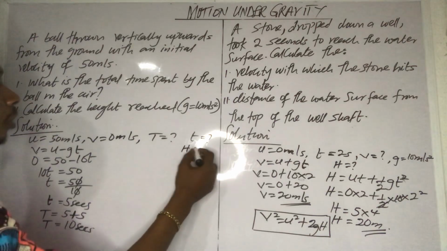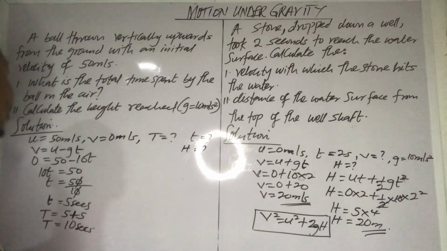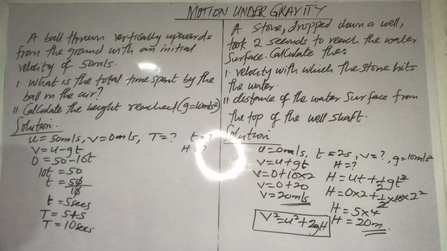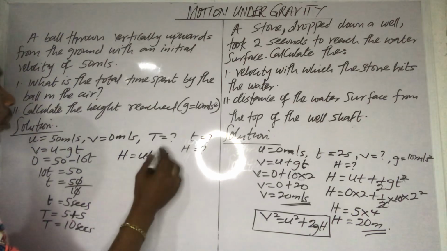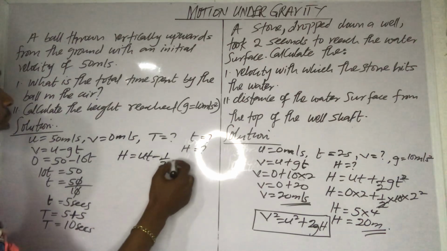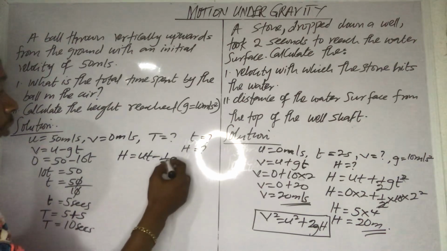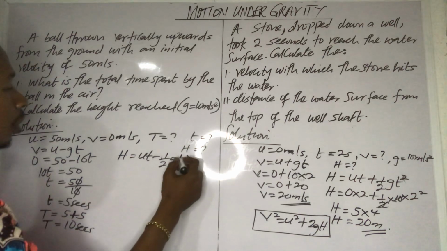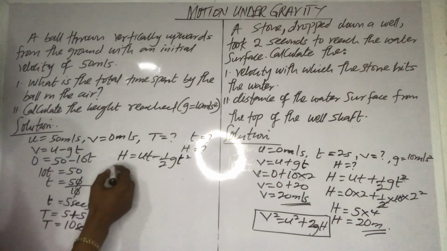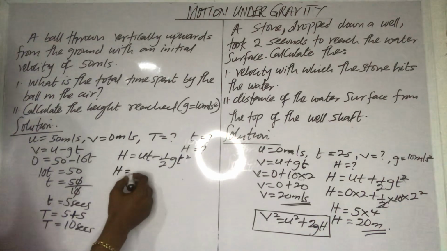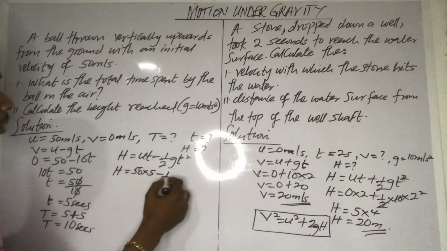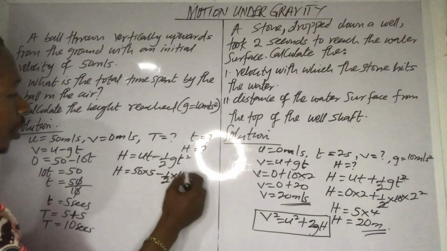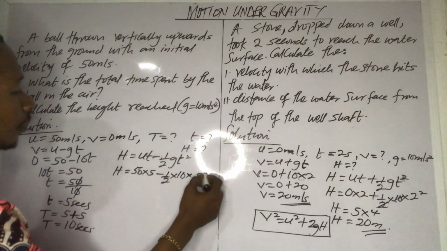It's also a question. To calculate the height reached, we can use either equation 2 or 3. Using h is equal to ut minus half gt squared, minus now because the body is going against gravity. If I substitute my values now, my initial velocity is 50, my time is 5, minus half times 10 times 5 squared.